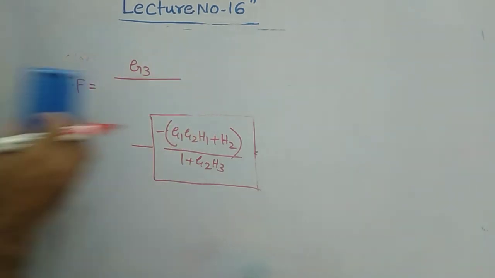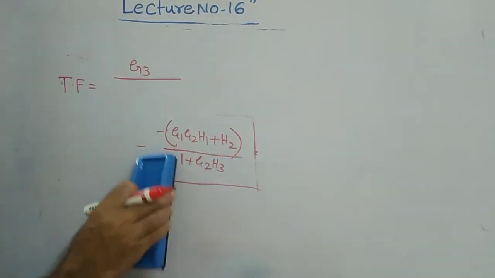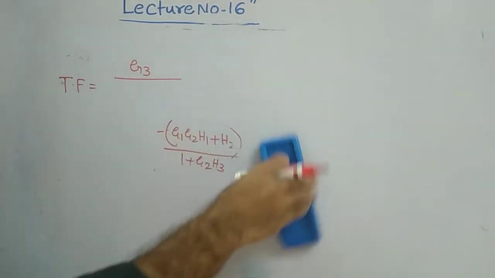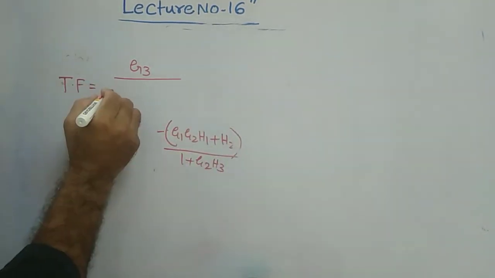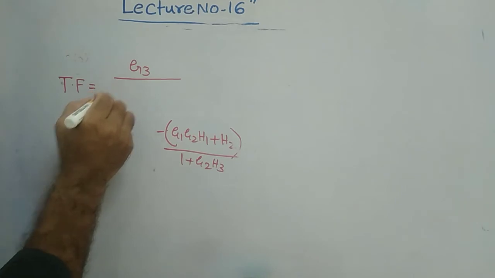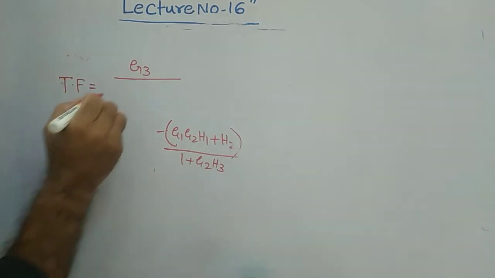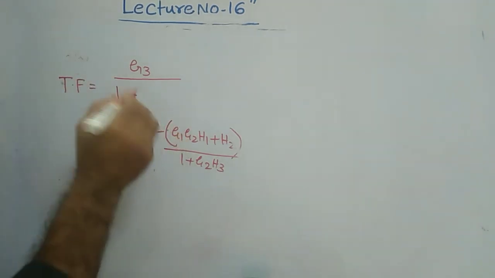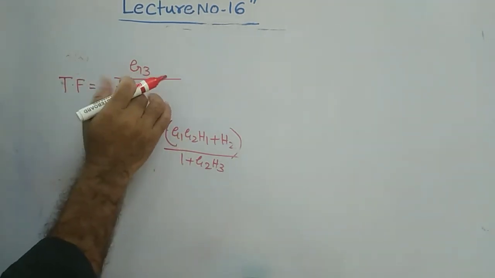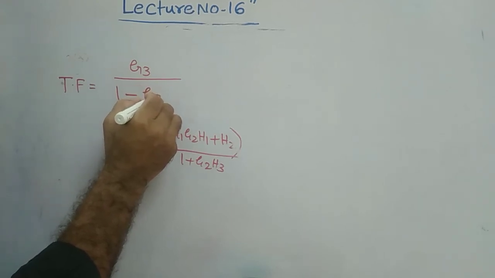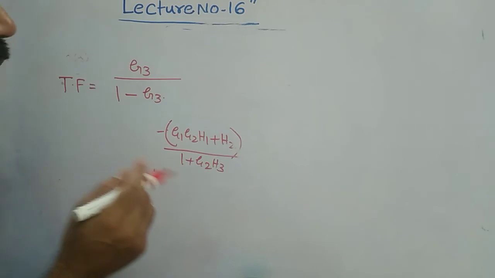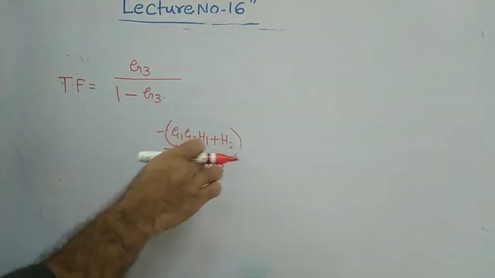But what is positive here? For positive feedback, the answer is 1 minus G3 gain into what is your feedback? This entire will be your feedback.